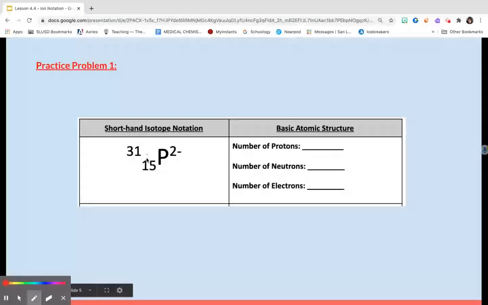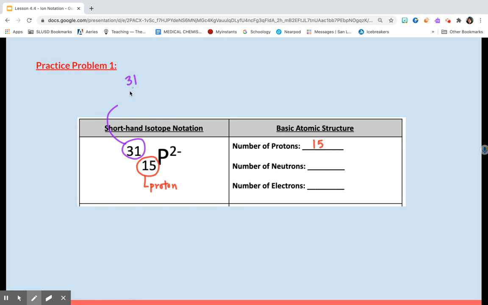So remember the protons is this bottom number. So that's going to be 15, right? And remember that my top number is my mass. So 31 is my mass.